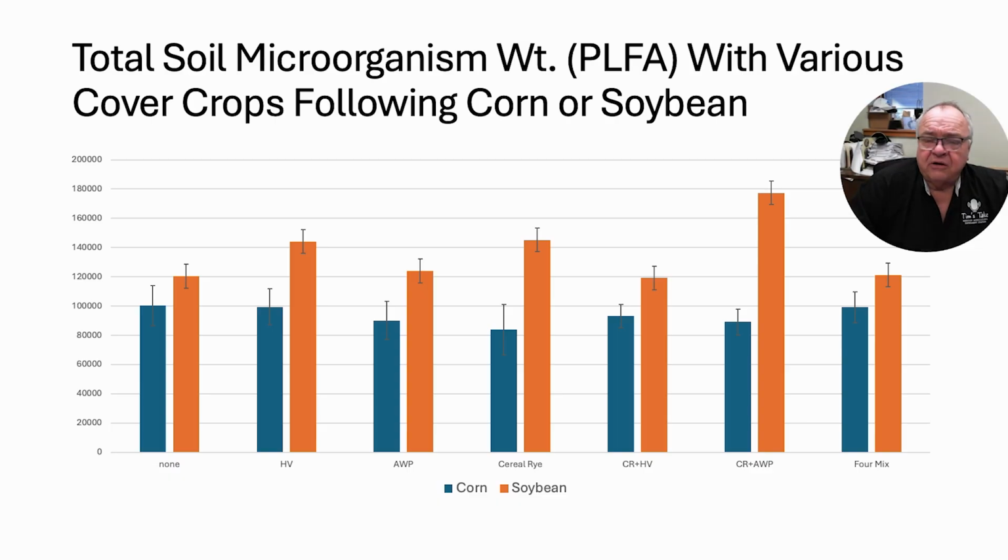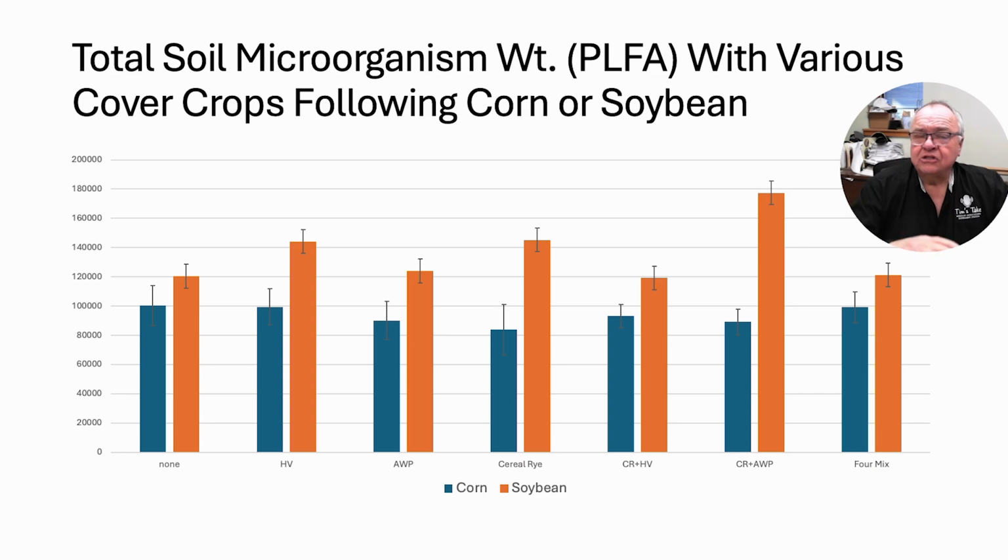Now, soil microorganisms, this is the total weight of what's out there. And what we found was that in soybeans, it was always greater than corn. And it did improve slightly with mixing it with other cover crops, but not a whole lot. But this is kind of opposite of what we saw at Sanborn Field, where we saw the respiration, or the activity, of our microorganisms.